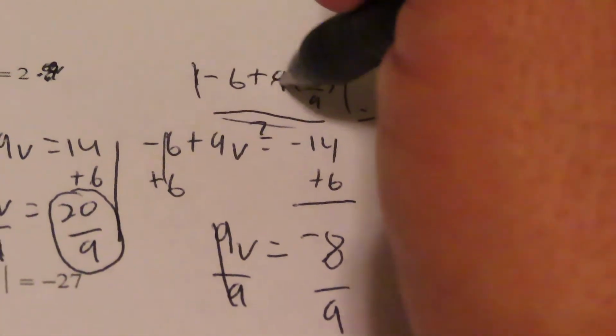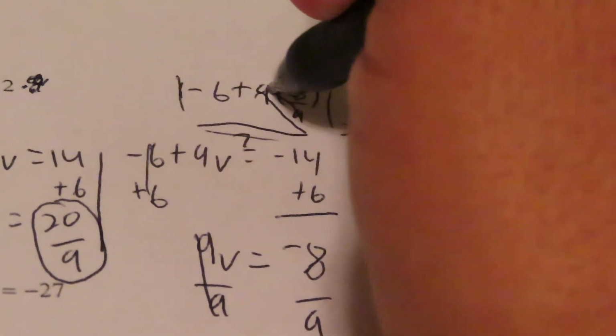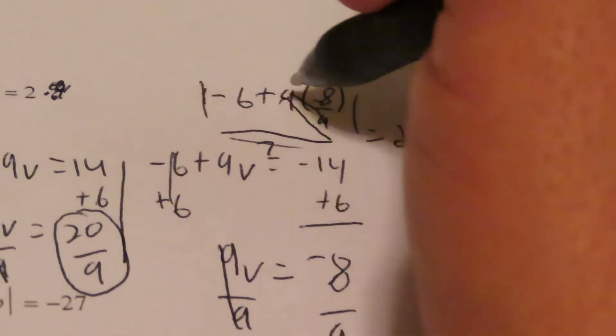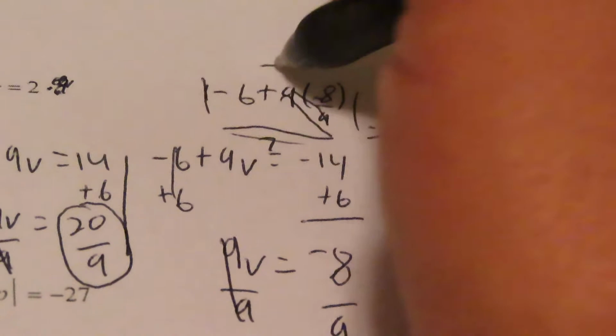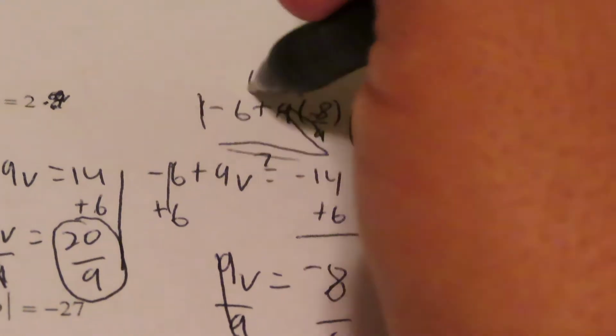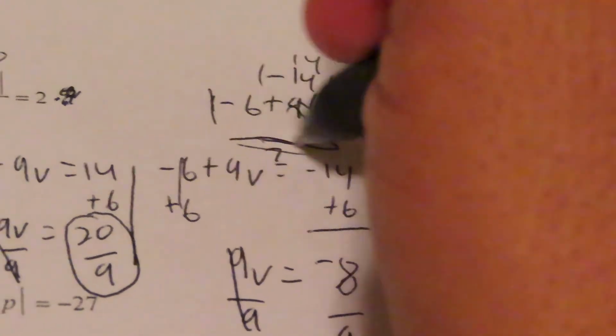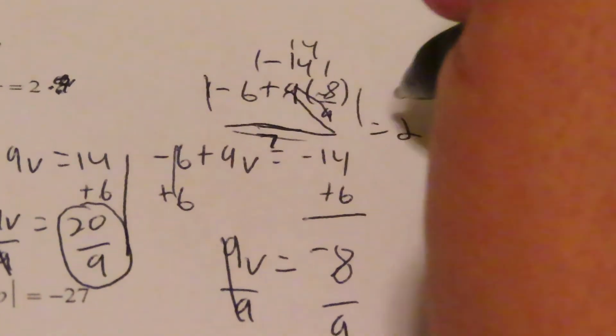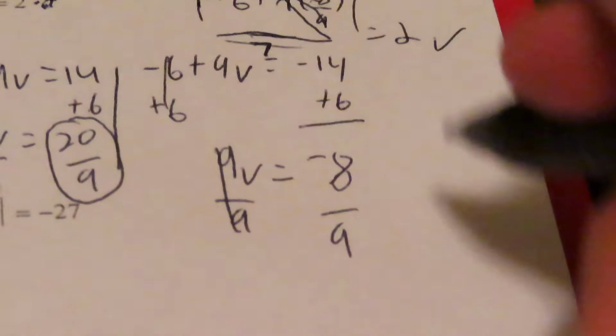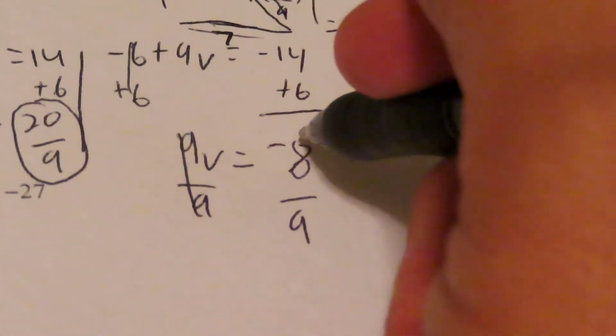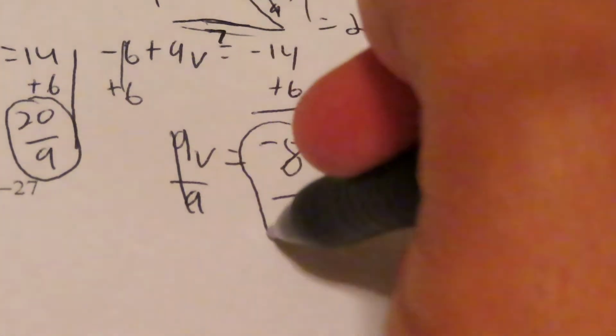So the 9s will cancel. Negative 8 and negative 6, combining the negatives, negative 14. And the absolute value of negative 14 is positive 14. And then divided by 7 is 2. So it works. Beautiful. So that's our other solution.